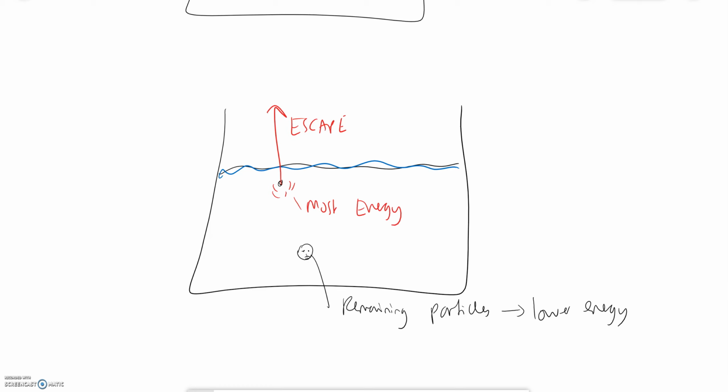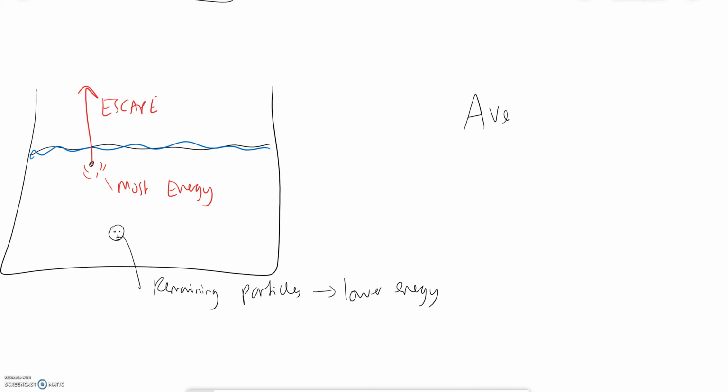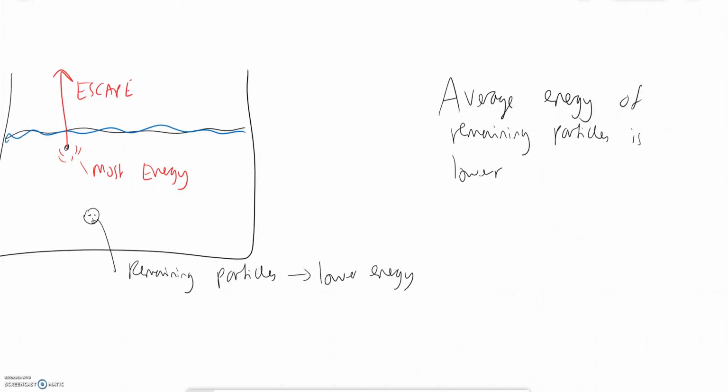So the average energy of remaining particles is lower. Because the average energy of the remaining particles is lower, well, the temperature is going to go down.